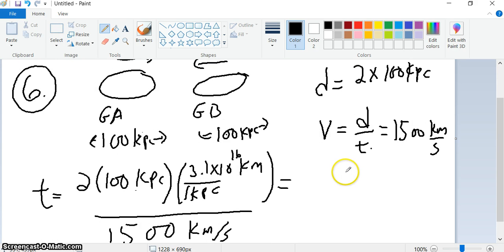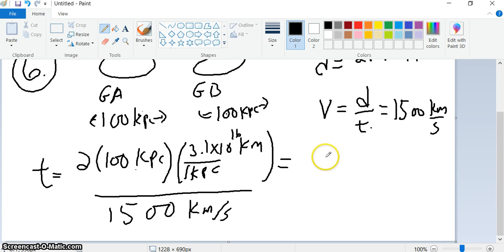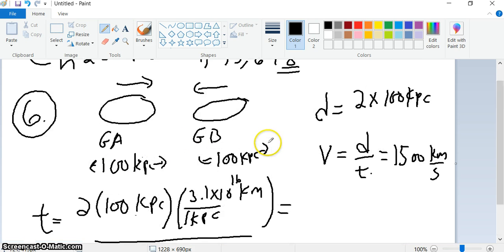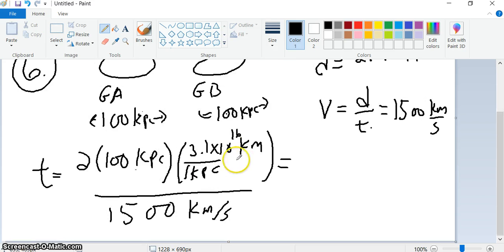All right, so we take this equation, the velocity is distance divided by time, and we rearrange it and solve for time. So time would be the distance, which is up here, and I'm just converting that into kilometers. So it's 2 times 100 kiloparsecs times the fact that there's 3.1 times 10 to the 16th kilometers in a kiloparsec. So the kiloparsecs will cancel.